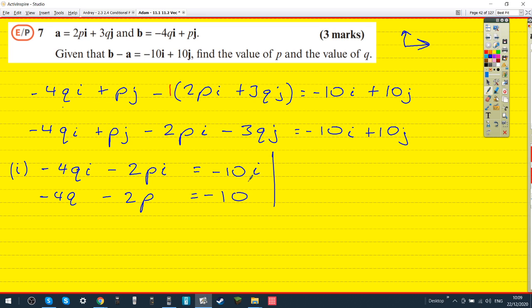So could you do J now? It should be pj -3qj equals 10j.